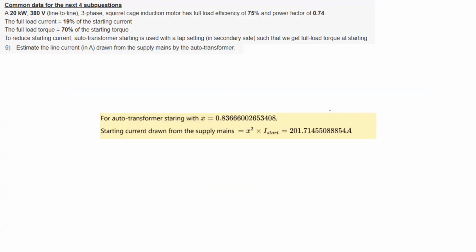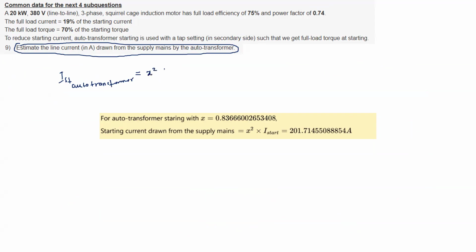Now they're asking, for the same auto transformer method, estimate the line current drawn from the supply mains by the auto transformer. Now we know that I starting line current drawn by the auto transformer is x square times I starting line current DOL.